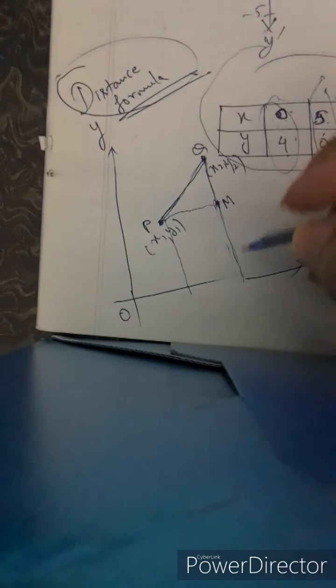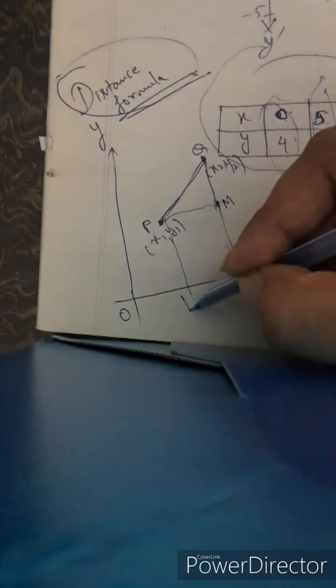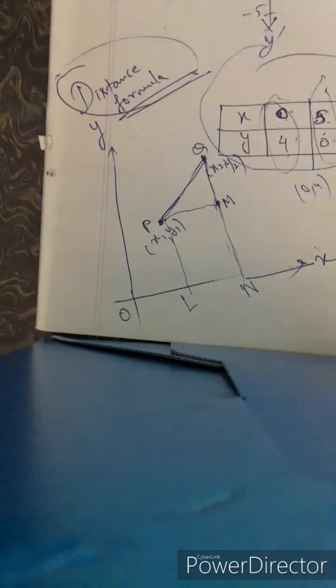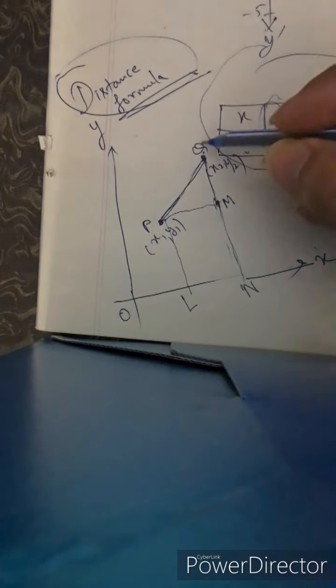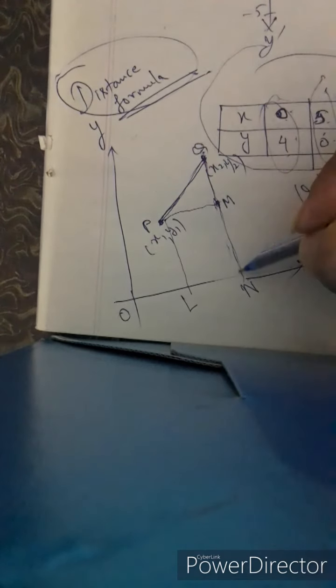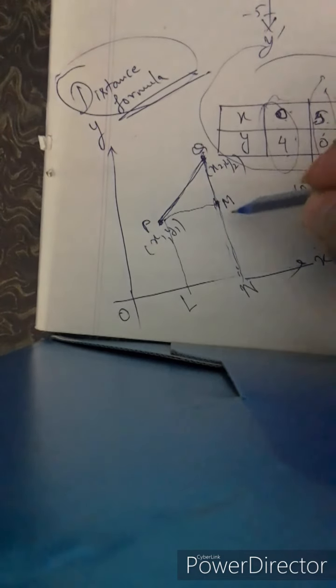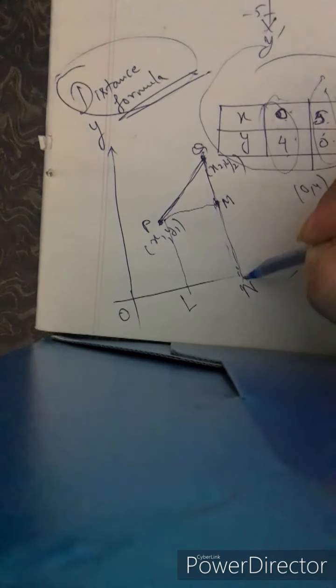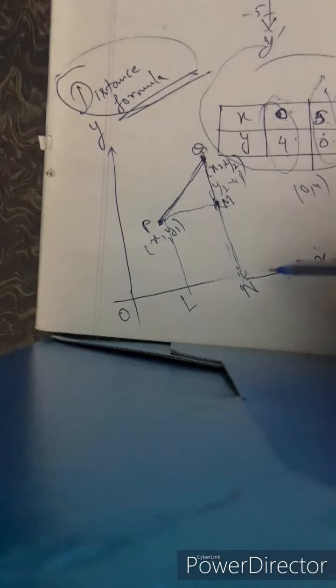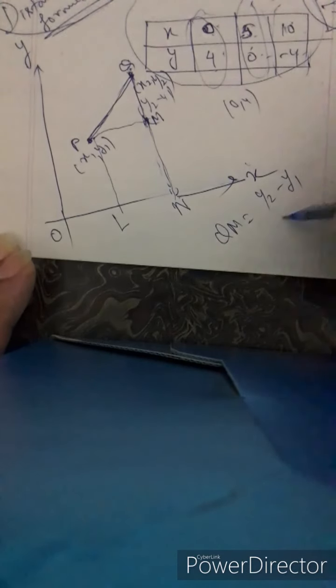Let this be M, and L and N. What is QM? The distance QN is y2, and the distance MN is y1, so QM becomes y2 minus y1.